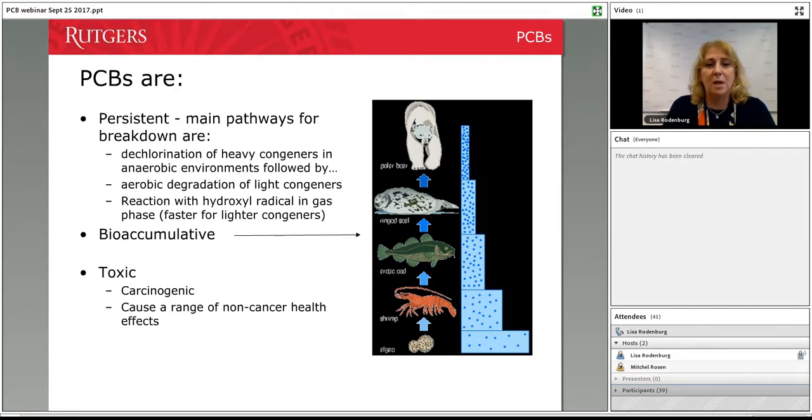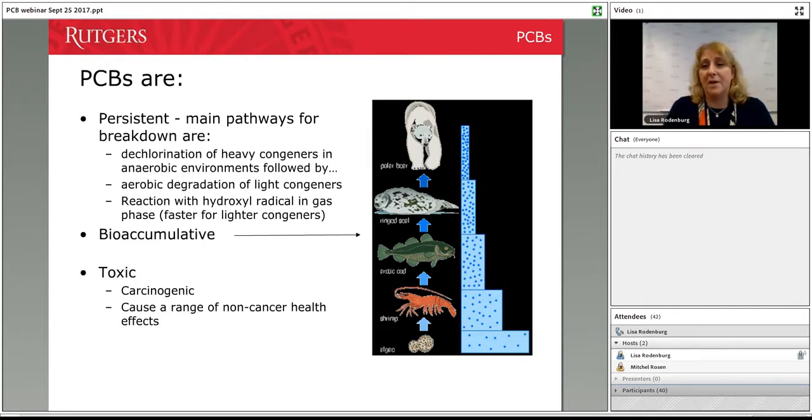So we've said many times now that PCBs are persistent, but it is true that they do have some pathways by which they break down. The heavy congeners, and what I mean by heavy is that they have a lot of chlorines on them, can get dechlorinated by bacteria. Bacteria will pop off the chlorines. And then once you remove a bunch of chlorines and you get down to the congeners that only have one or two chlorines on them, then they can be degraded aerobically by bacteria.